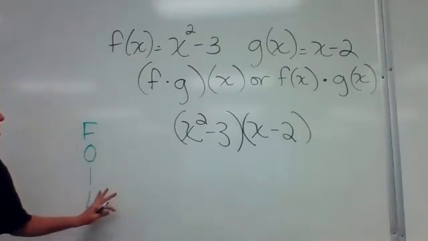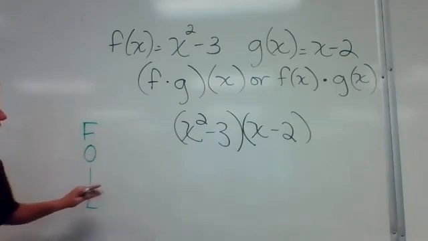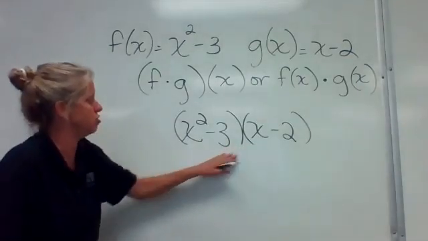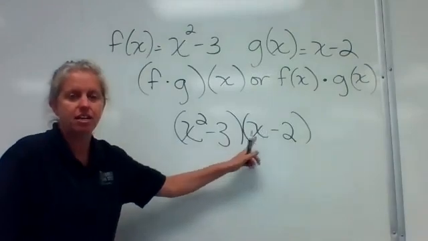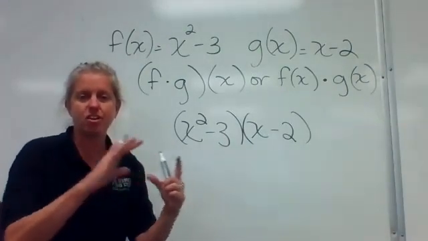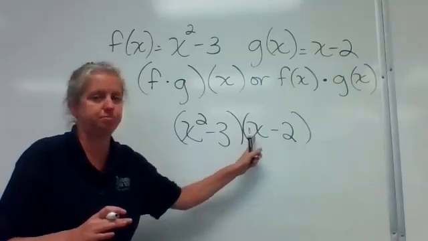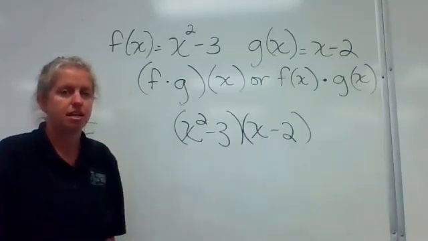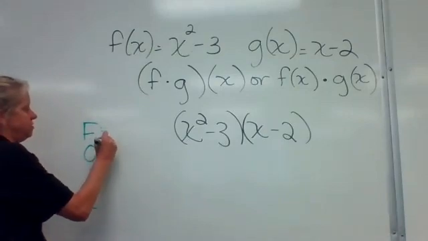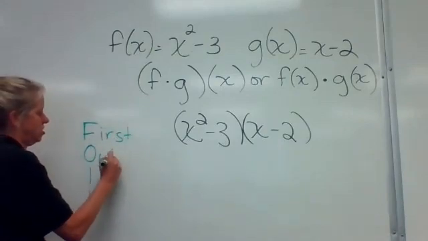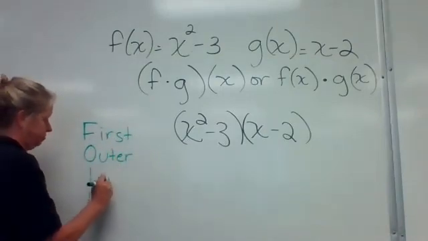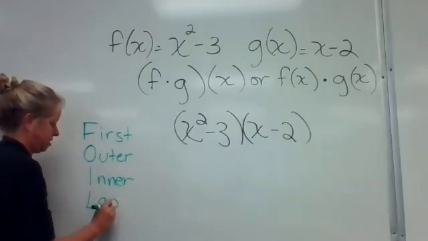FOIL is an acronym for first, outer, inner, last, which is what you use when you're multiplying two parentheses together. And those two parentheses both have two terms in them. Again, this just stands for first, outer, inner, and last.